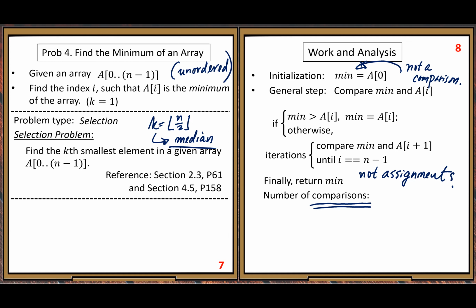Although you can use the number of assignments to measure its efficiency, it is not as good as comparisons. Later, when I have a chance, I will explain why using the number of comparisons is better than using the number of assignments. So you can think about it.